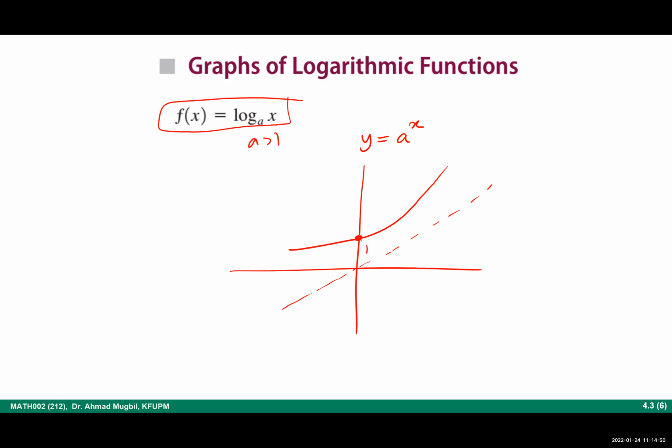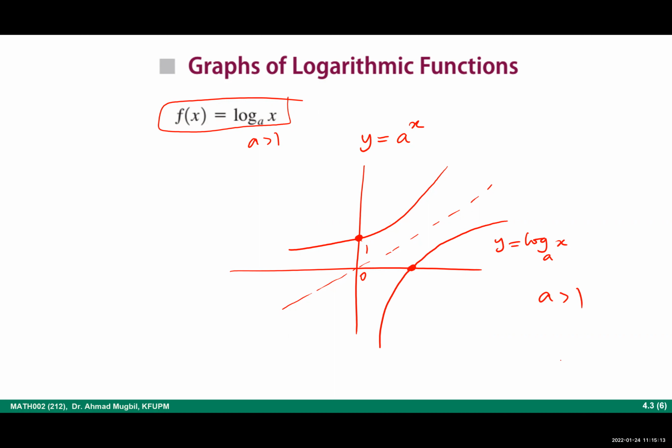You will start with this point, 0 and 1, and it will be here, 1 and 0. Now every other point will be reflected and the graph will be like this. This is the reflection of the graph. So this is the graph of y equals log a of x when a is greater than 1.